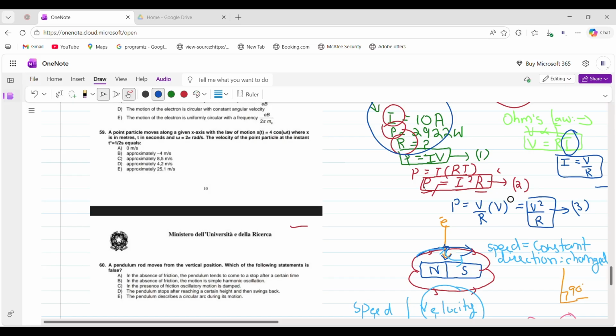Telling you this. Okay. So basically x of t is equal to 4 cos omega t. This is basically the x value, and here they have said x is in meters, which means it is position or distance, right?